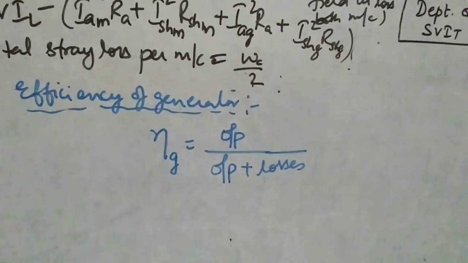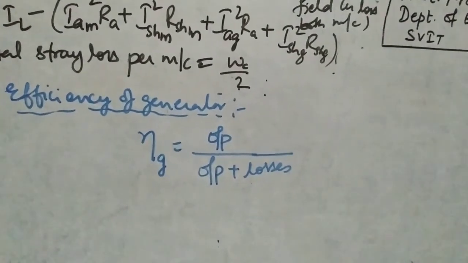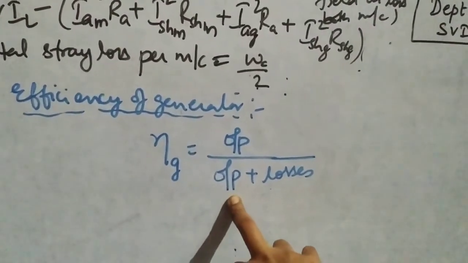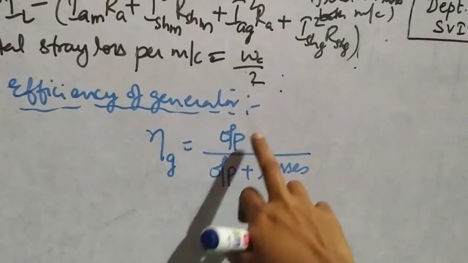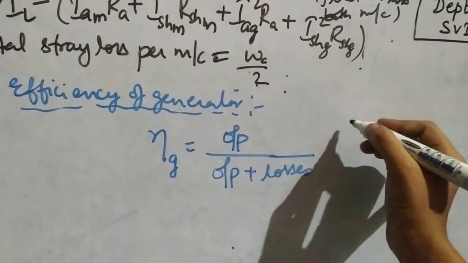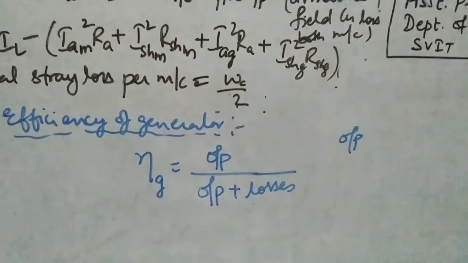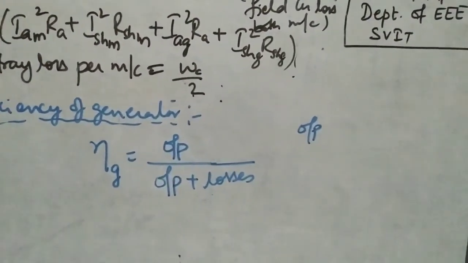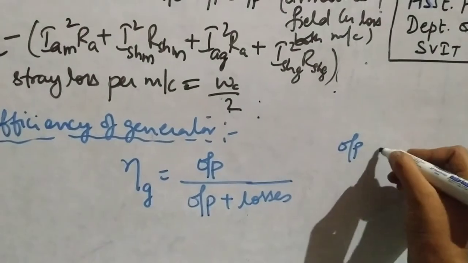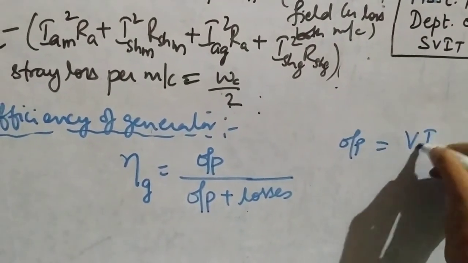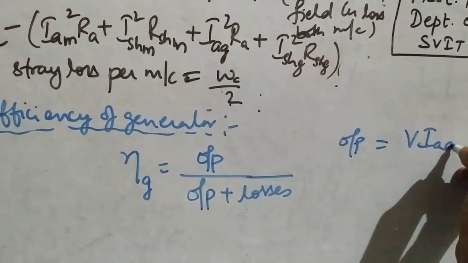Now let us write down. What is the output? The output of a generator we have to assume as V into IAG.